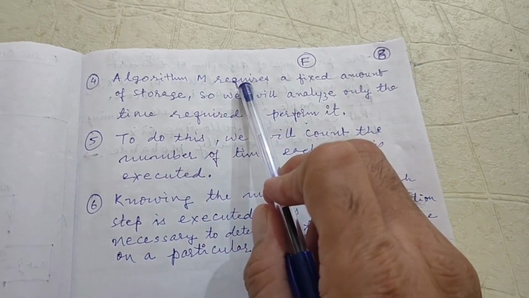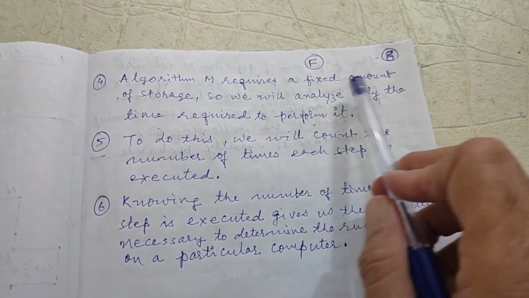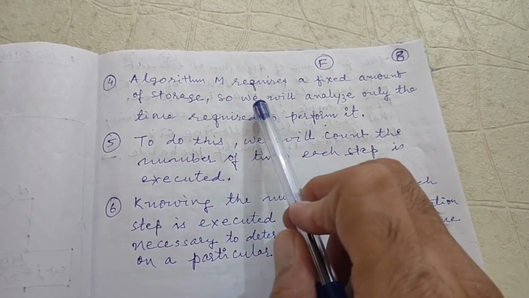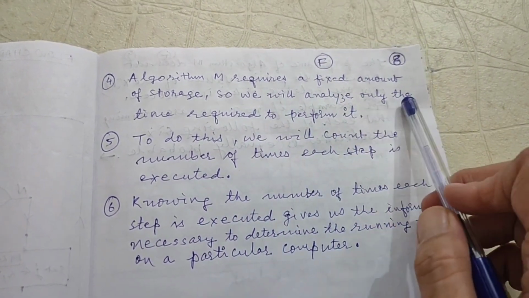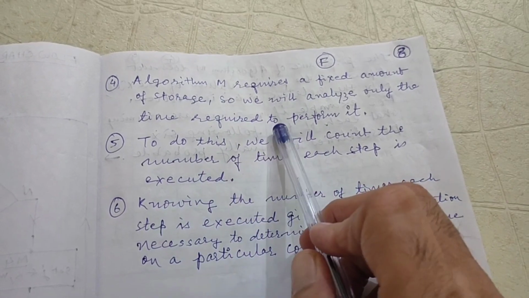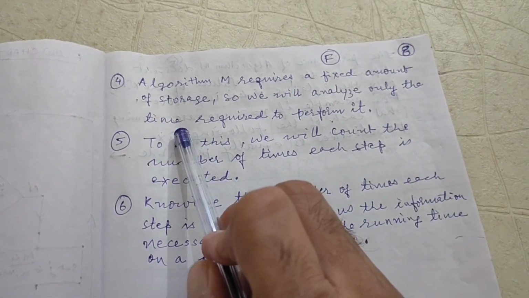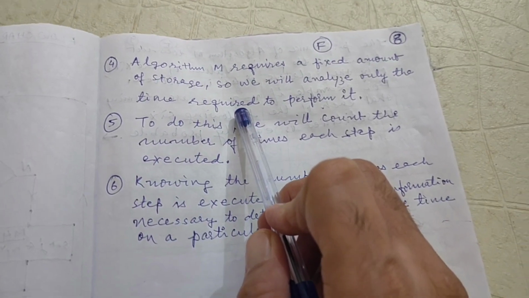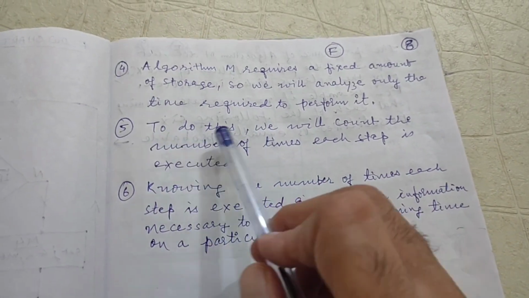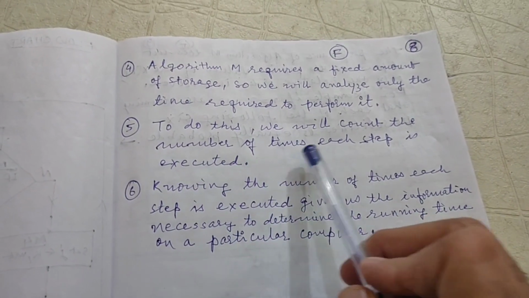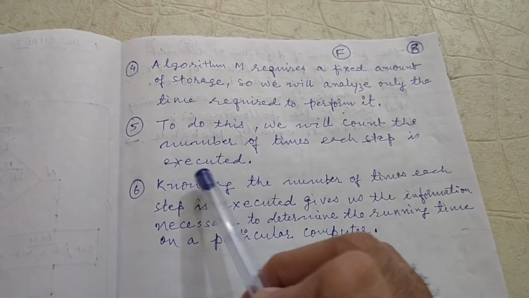Algorithm M requires a fixed amount of storage. So, we will analyze only the time required to perform it. It means we have to study the execution of the algorithm. To do this, we will count the number of times each step is executed.